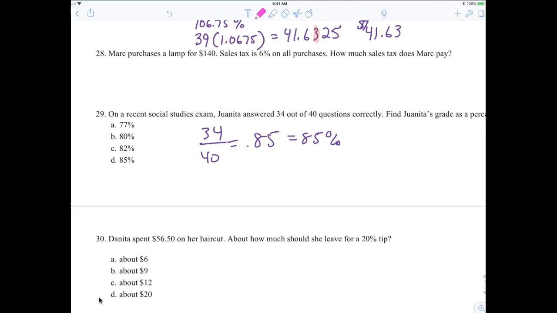So what do we do? Put 140 times 0.06. That is equal to the tax because that's what they're asking. Very, very important. They're only asking for the tax, not the total bill.